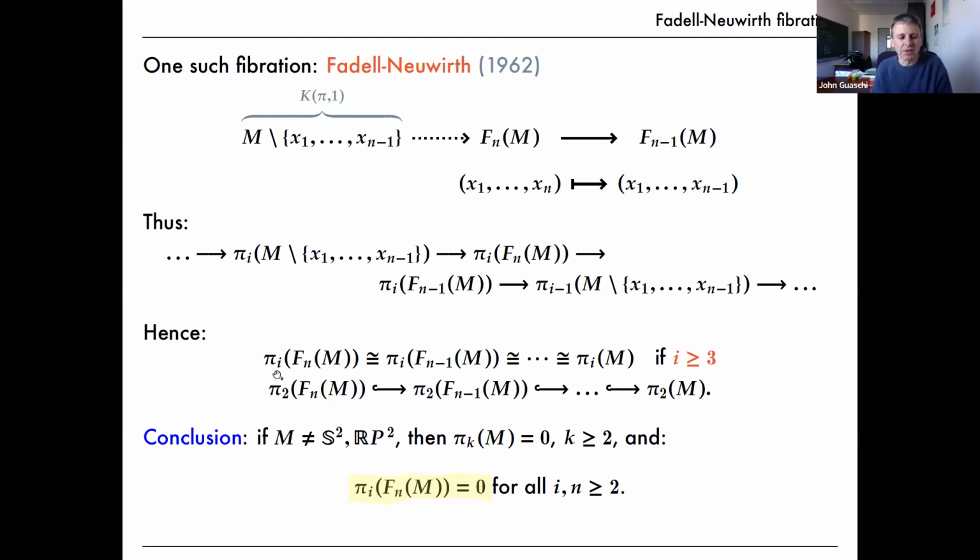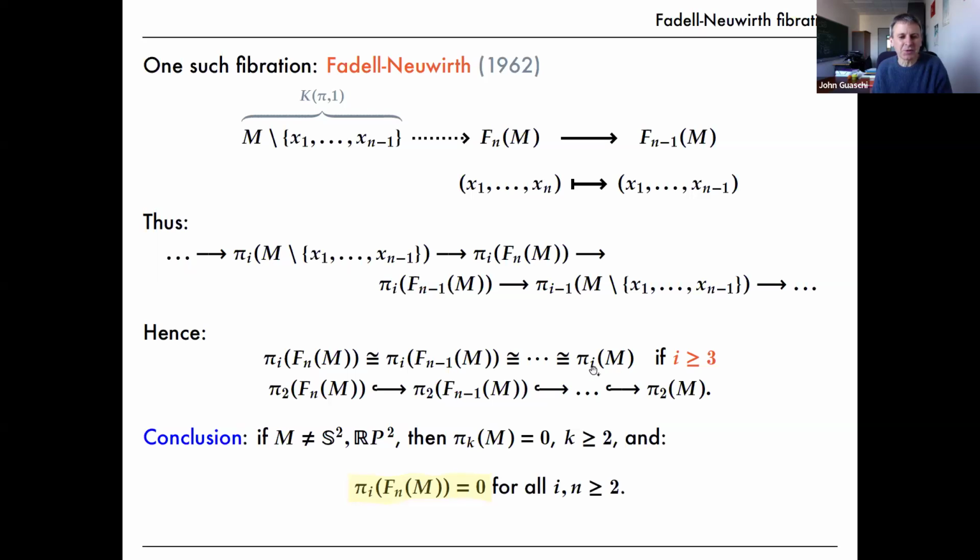So up to isomorphism, πi with i at least 3 doesn't depend on n. It's just the πi of M itself. Recall here that M is the two-sphere or the projective plane.